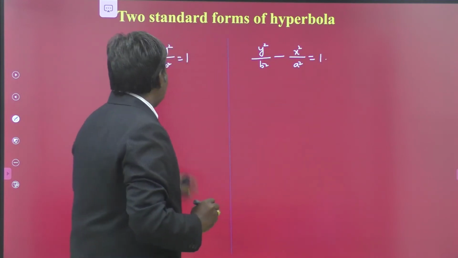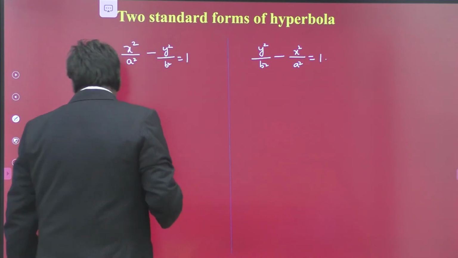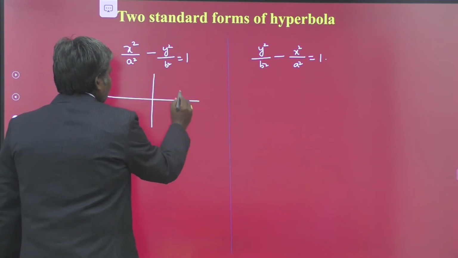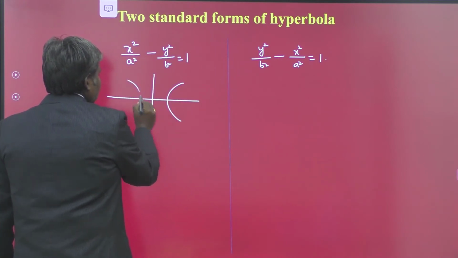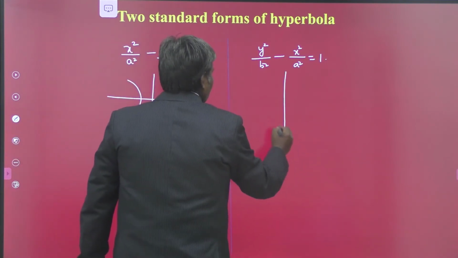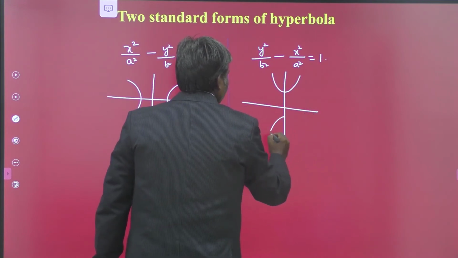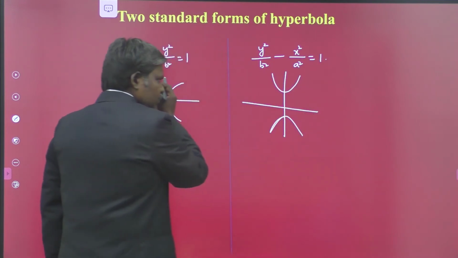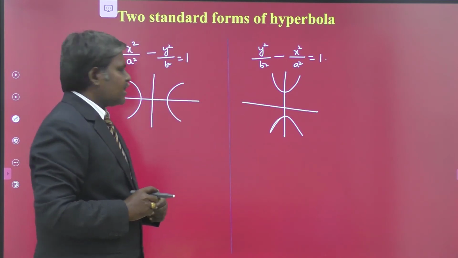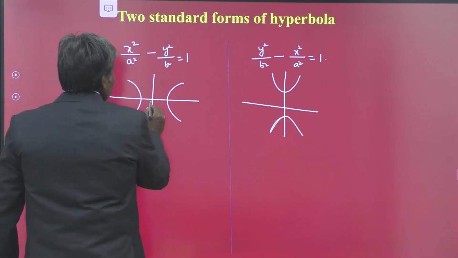Let us write all the things related to the two standard forms of the hyperbola. So your first hyperbola is x square by a square minus y square by b square equal to 1. Its diagram is in this manner. Here is the conjugate hyperbola. Here your transverse axis is along the x-axis, and for the conjugate, your transverse axis is along the y-axis. Now, this is the center.